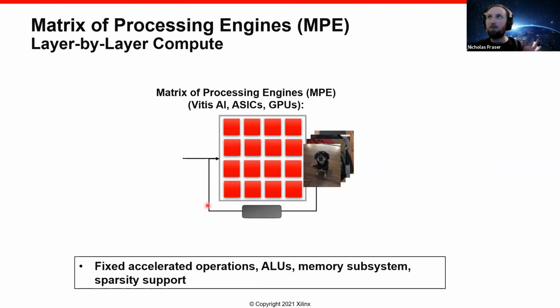It's going to have lots of multiply accumulates in it. And what happens if you have a really, really small layer in that network? Well, it's not going to use the available parallelism that you've allocated for this MPE, and so it's going to underutilize that, and it's not going to be as performant as you think it should be.